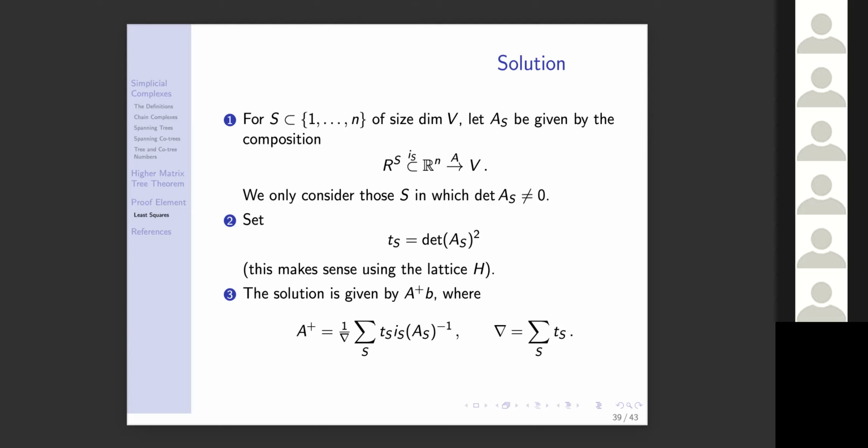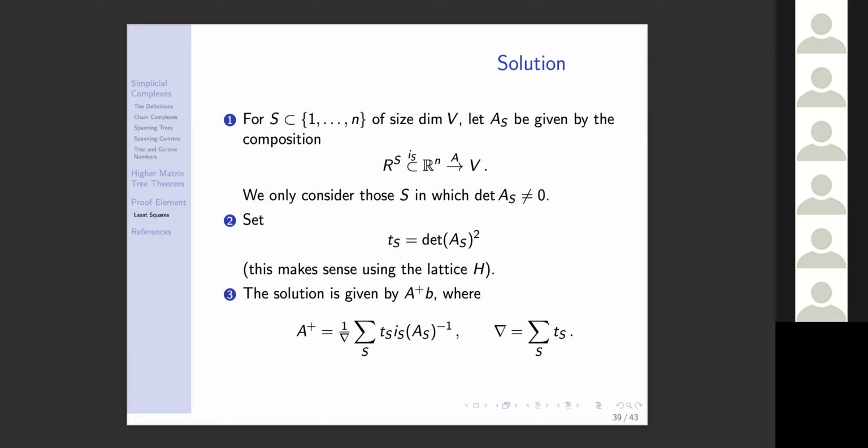And then I include back into R^n, so that gives me a linear transformation from V to R^n. And then I multiply it by T sub S, and then I sum up over all choices of S, so I'm averaging. And then I have to normalize by the sum over all these T sub S's.